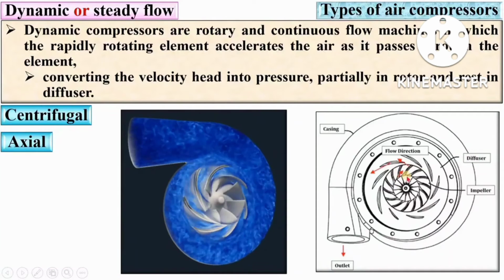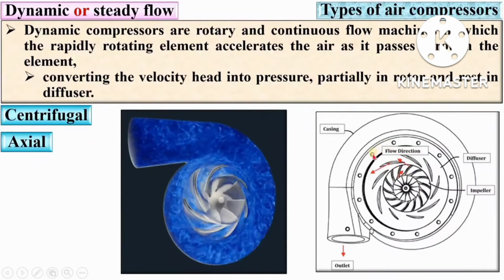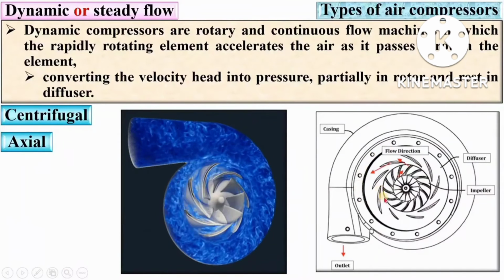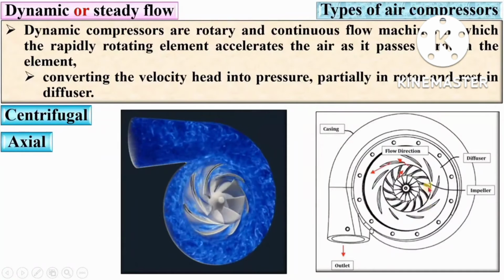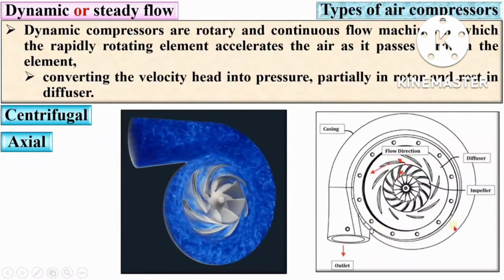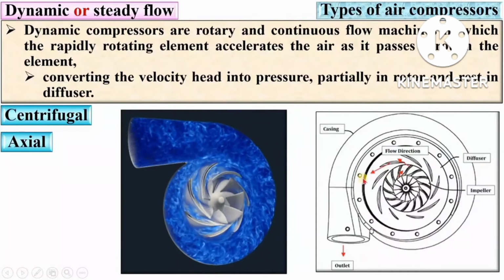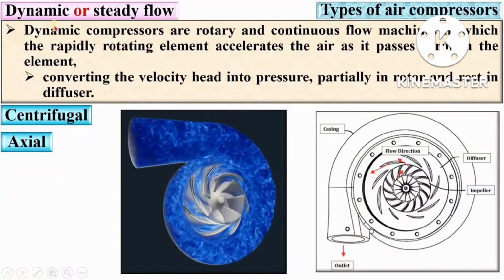So in this figure also you can see the rapidly rotating element accelerates the air as it passes through the element, converting the velocity head into pressure, partially in the rotor and rest in diffuser. So here pressure is increased due to the conversion of velocity.